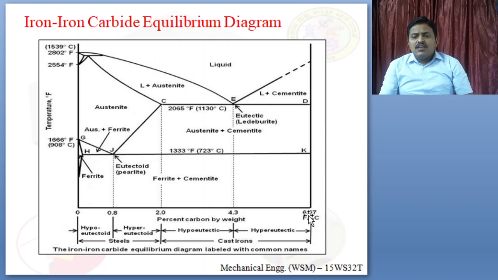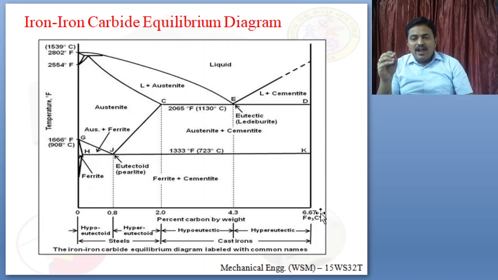What happens if more than 6.67 percent of carbon is added to the iron? It will not dissolve. The maximum solubility is 6.67 percent. That is why it is 6.67 percent. If you add further, it will not dissolve.